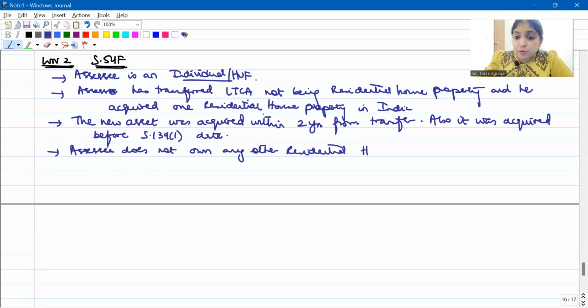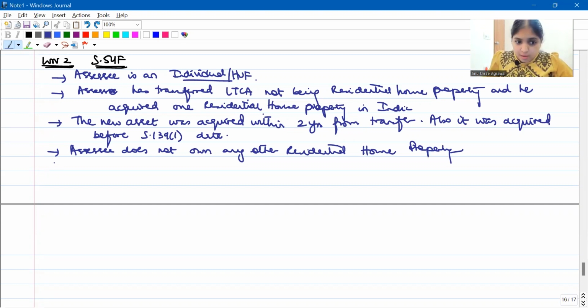So all conditions fulfilled, guys. We have to tell the examiner that we checked all these conditions: individual or HUF. He transferred a long-term capital asset not being house property, and he purchased a residential house property. He purchased within 2 years from the date of transfer. He also purchased within the 139(1) due date. He does not own any residential property. All conditions fulfilled, guys. Hence, my assessee is eligible for 54F exemption.